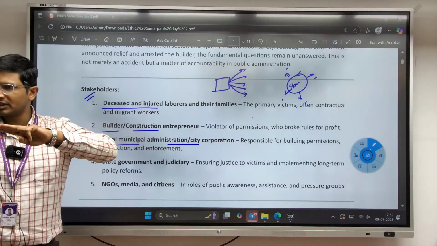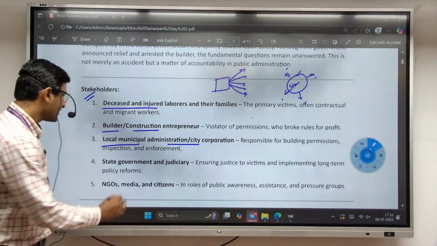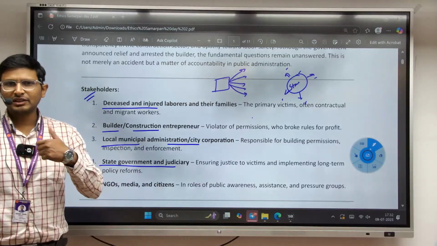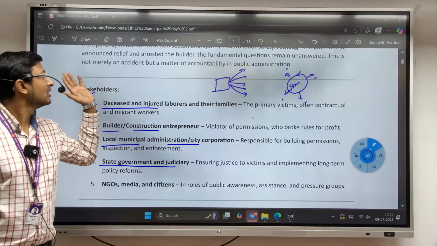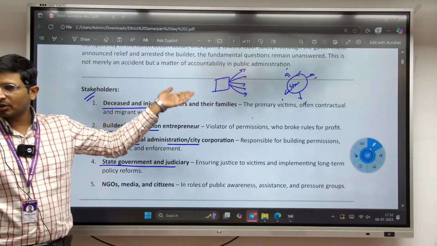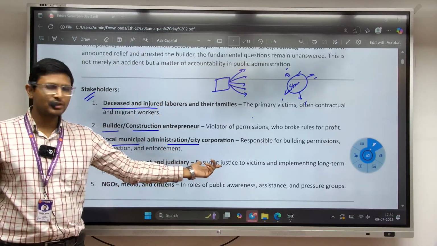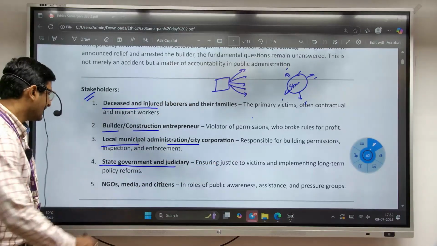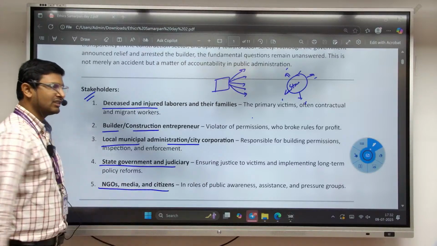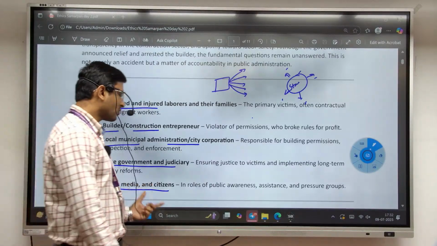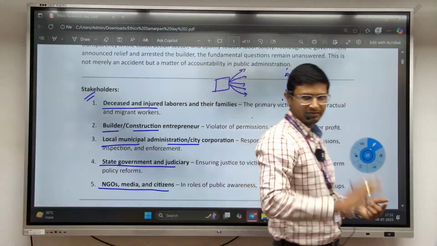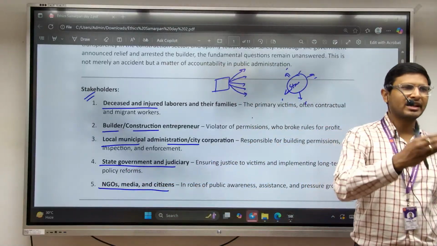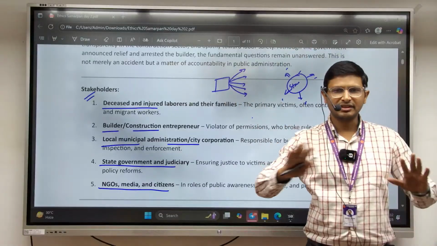Fourth, the state government and the judiciary. Government is also involved there, because the government ensured the compensation and announced relief and all that. And the judiciary has to give justice because these people are arrested. And NGOs, media and the citizens, or in general you can call it society in general. Either you will write it as NGO, media, citizen, or you can write it as society in general, the same thing.